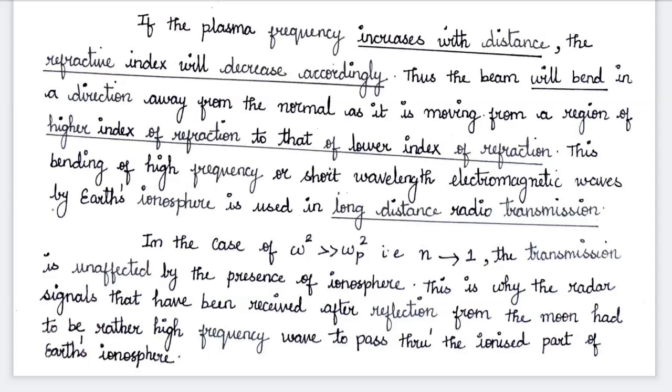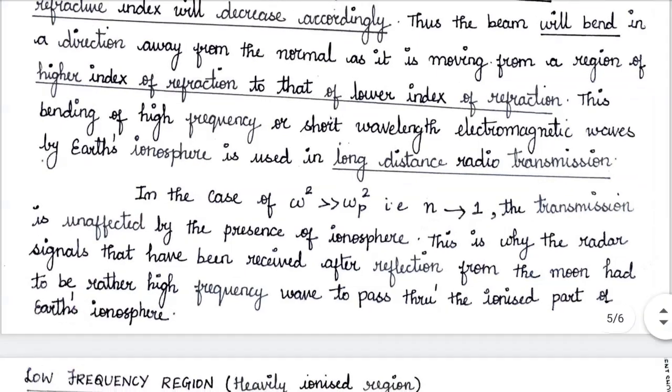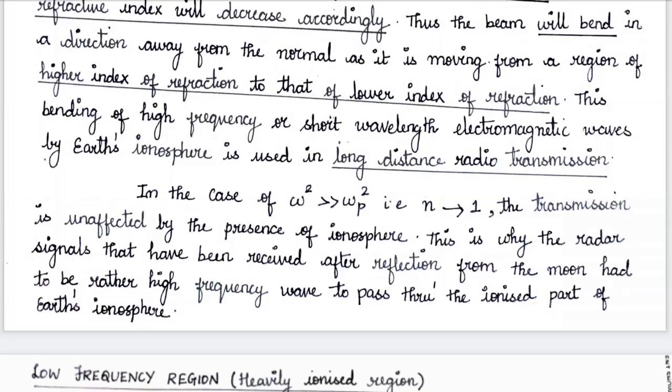This is because the frequency of the electromagnetic wave should be much greater than the plasma frequency. So the transmission is unaffected by the presence of the ionosphere, and these radar signals reach the moon surface and get reflected and escape the ionized part of the Earth's atmosphere.